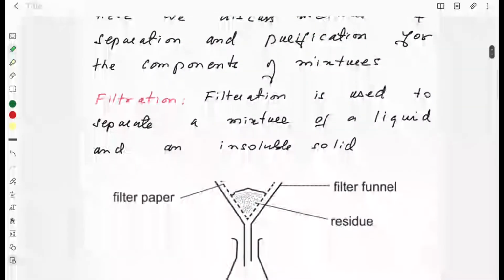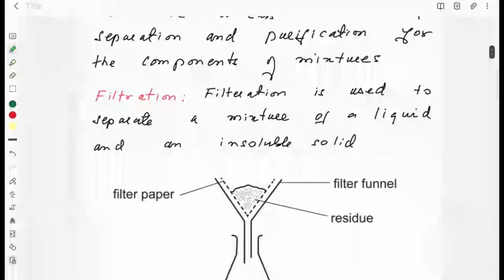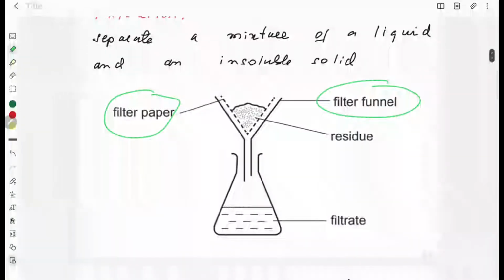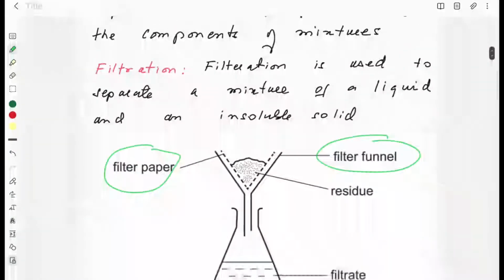The first method is filtration. You can see we use filter paper in this method. We use a filter funnel, and we can take an example for this filtration. As I said, filtration is used to separate a mixture of a liquid and an insoluble solid. So you can take a mixture of sand and water.